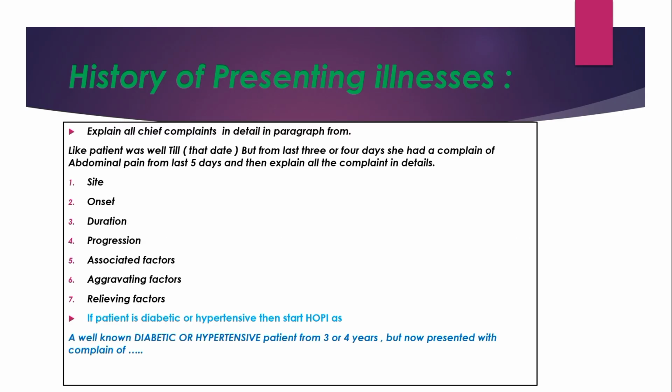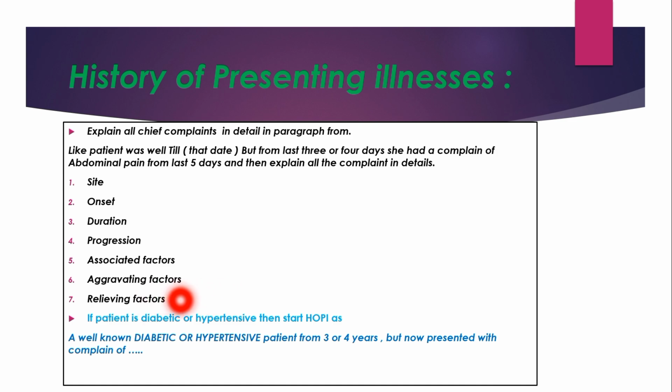Then the next one is the history of presenting illness, and HOPI explains all the chief complaints in detail in paragraph form. Start it as: the patient was well till 3 or 4 days ago, but then she had a complaint of, let's suppose, abdominal pain for the last 5 days, and then explain that complaint in detail, like ask about the site of the pain, onset, duration, progression, associated factors, aggravating factors, and relieving factors.